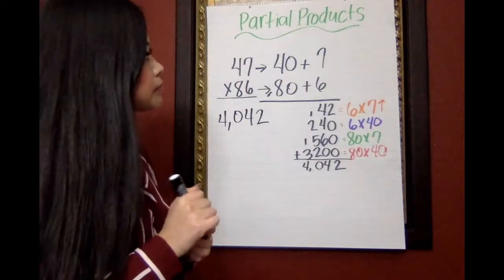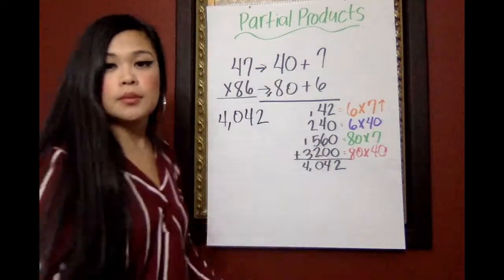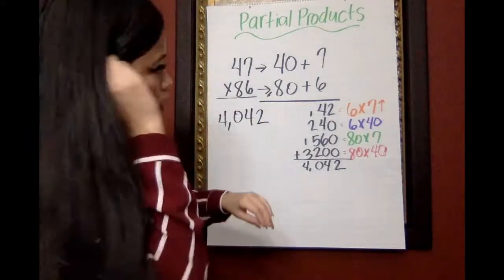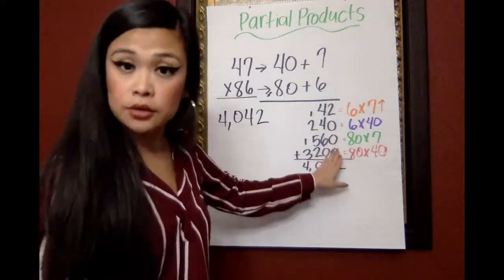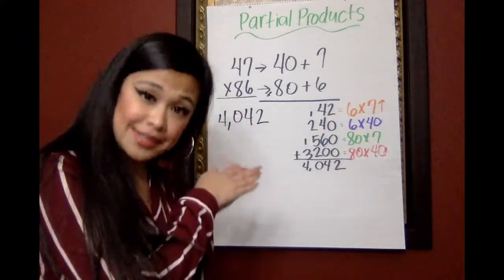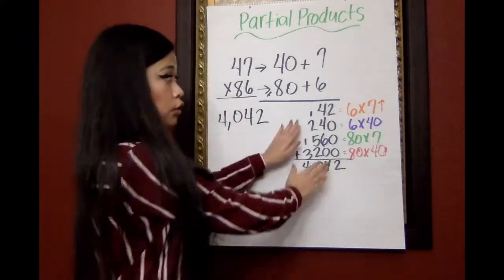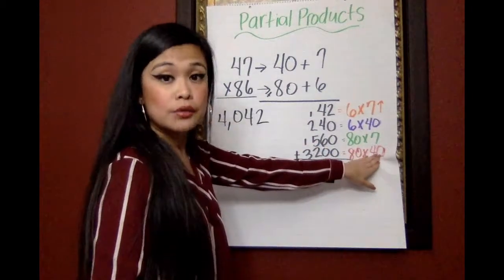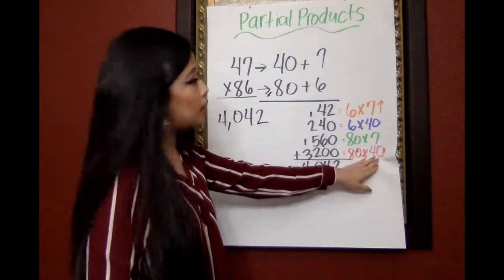So again, the simple mistakes are that we did not multiply all the numbers, or we forgot to add our zeros, and we didn't line up correctly. So those are the mistakes I noticed. Either you didn't line them up, or you forgot to add your zeros, which is very important, okay?